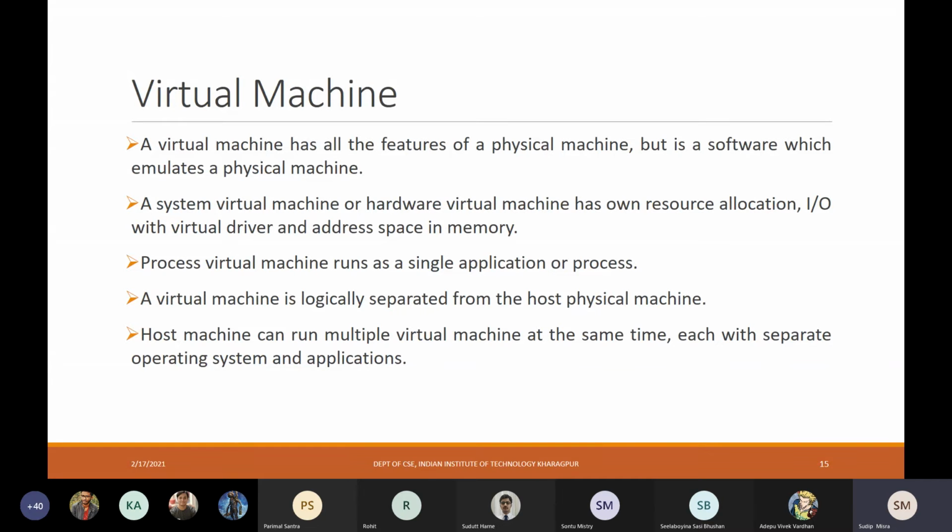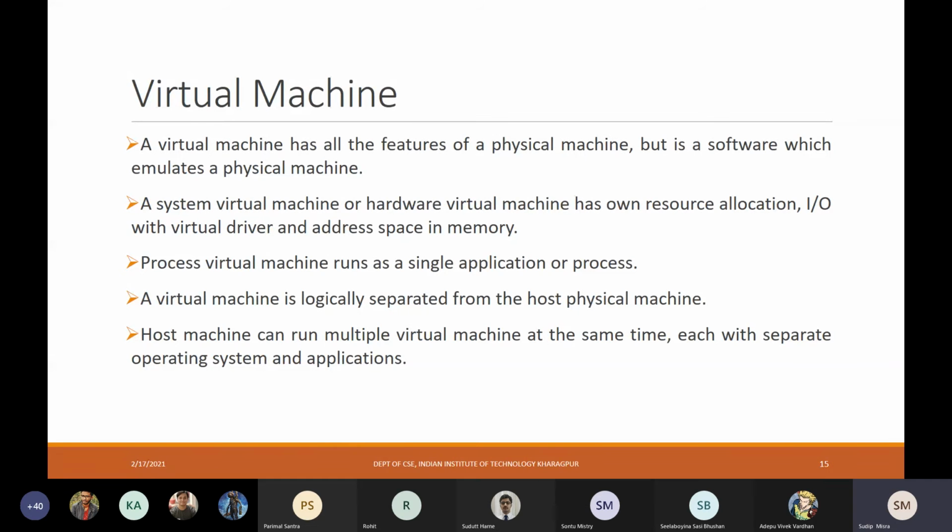It is software which mimics the properties of a physical machine. Whenever you get access to an instance of a virtual machine, it is simply software that is running for you, dedicated to you. Physically you get a feeling that it is a physical machine running for you, but actually it is a program that runs to give you that kind of exclusive access.